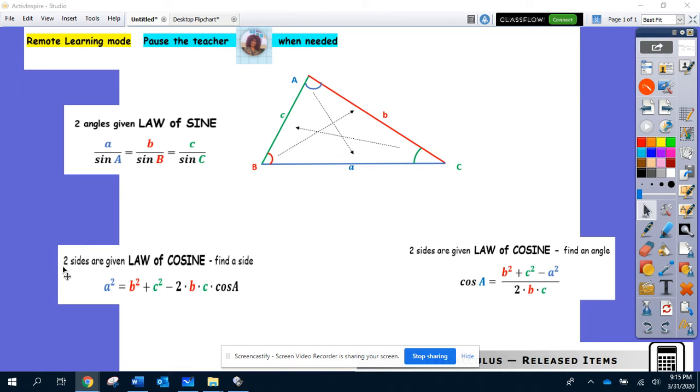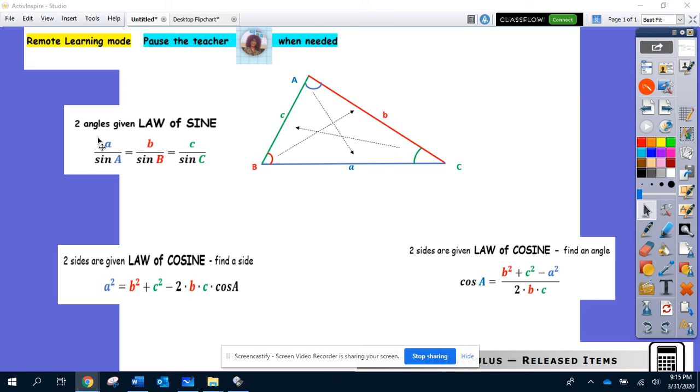But when at least two sides are given in the problem, you always apply the law of cosine. It depends on what you want to find out. If you want to find a side or if you want to find an angle, you have the same formula in two operative forms. Let's understand this formula.